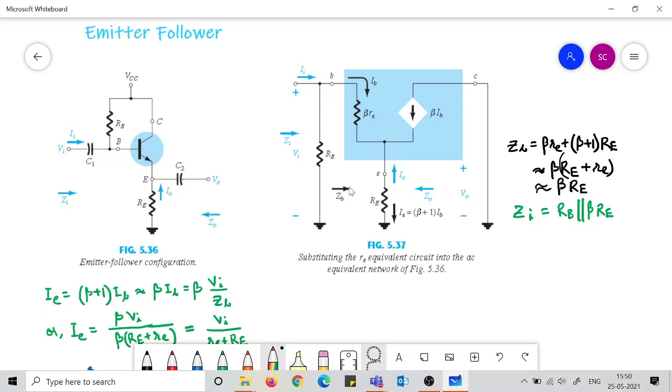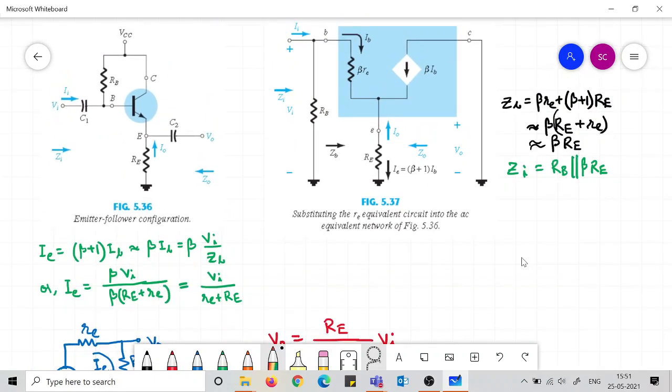We first try to figure out what ZB is, and ZB would be this beta re along with this RE, and you will see that this is reflected beta plus 1 times, because this current is IE, which is beta plus 1 times IB. And doing the approximations that we have employed previously, this ZB becomes nothing but beta times capital RE. So ZI is RB parallel to this.